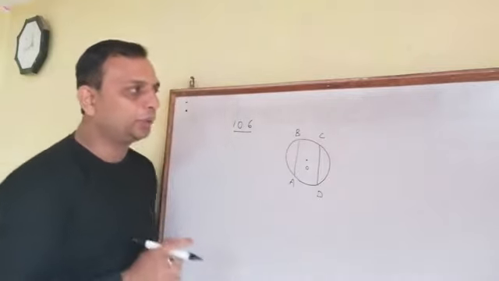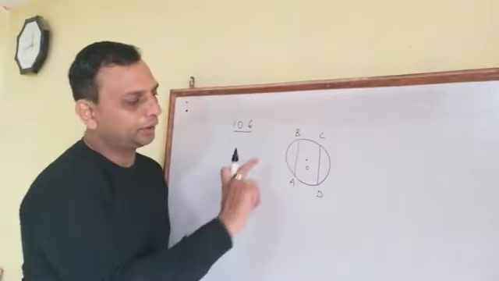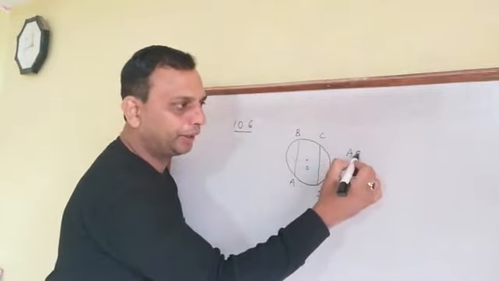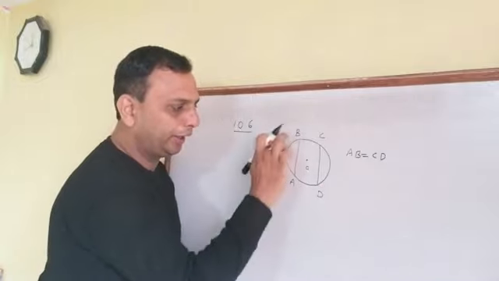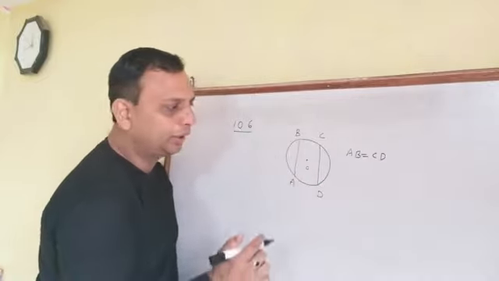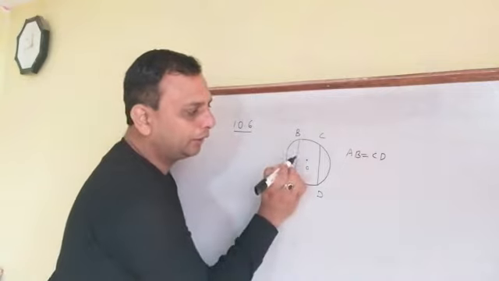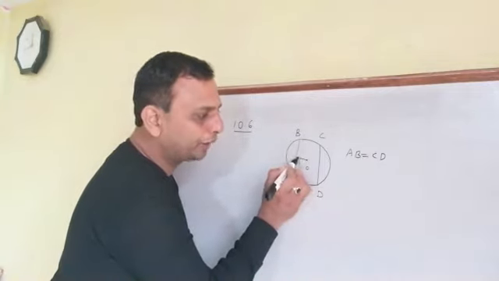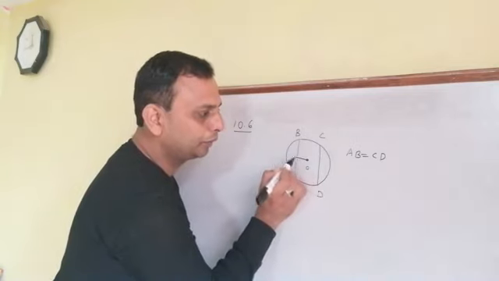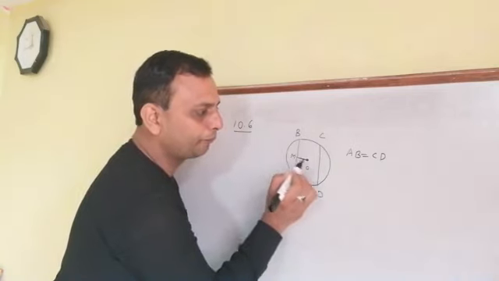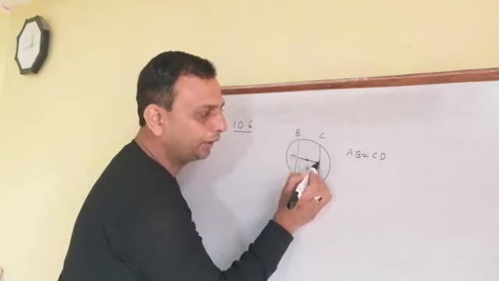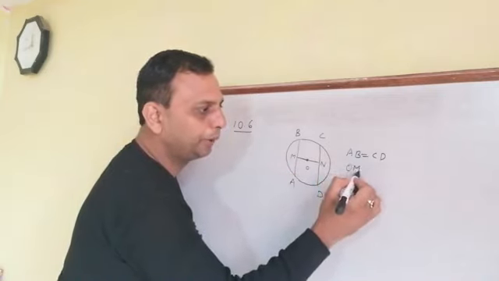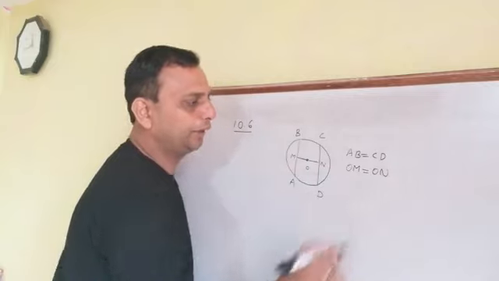Then, according to the 10.6 theorem, these two chords AB and CD are equal, that means AB is equal to CD. If they are equal, then their distance from the center, suppose this line is OM and this line is ON, then OM will be equal to ON.